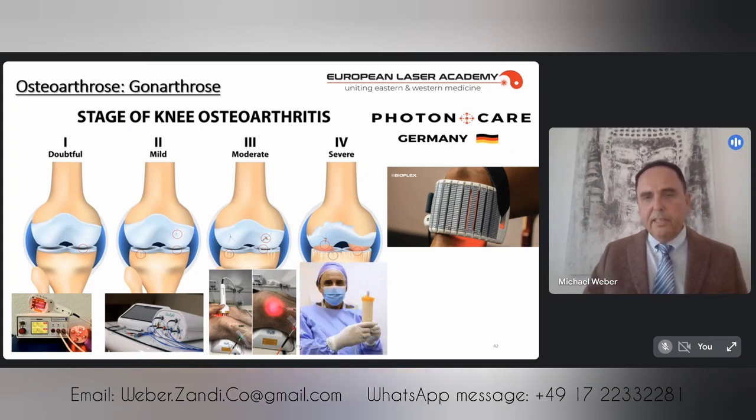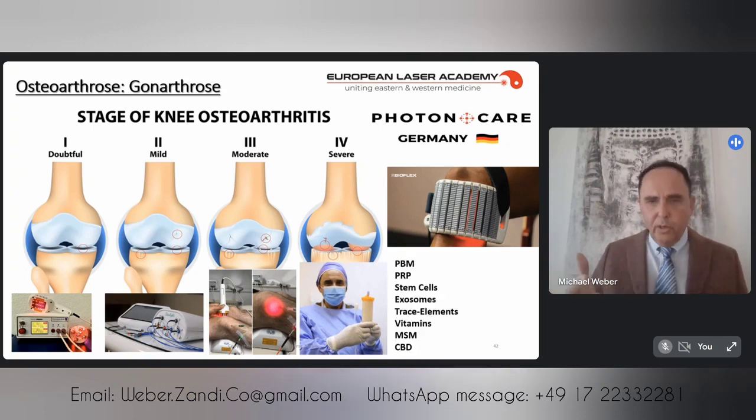And finally, in grade 4, quite often you can't avoid the operation, but you can get the patient pain-free until the operation takes place. And I have some miracles where the orthopedic surgeon said, there's no doubt you need a hip replacement or knee replacement, and the patient started to walk 10, 12 kilometers a day.